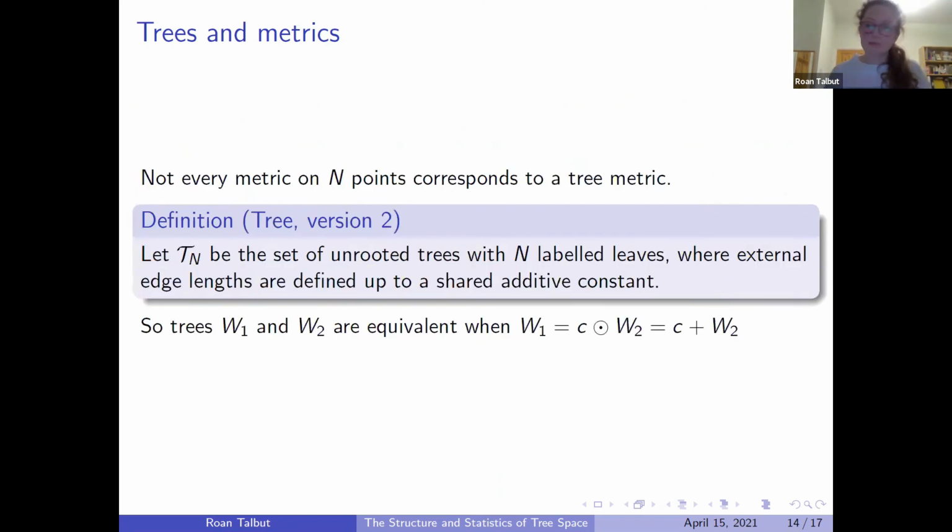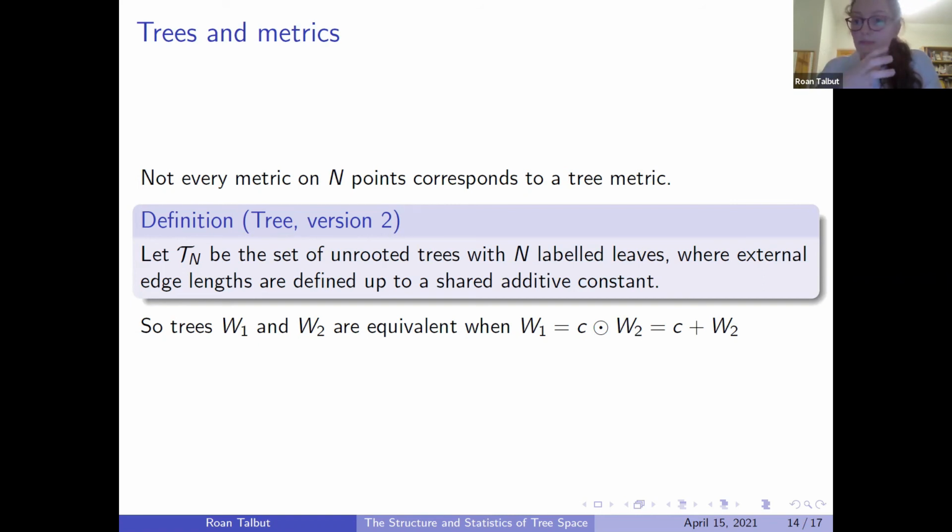So again, we're just going to refresh exactly what we're talking about when we talk about trees. In this context, we're now not going to worry about having a root, and we do this again by just sticking a 0 leaf on our root. So we can just consider the set of unrooted trees with n labels on its leaves, and we are still going to not worry as much about the external edge lengths, but this time we only worry about them up to a shared additive constant.